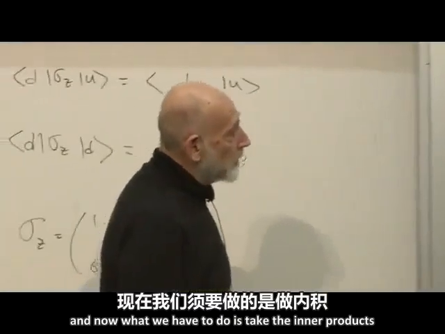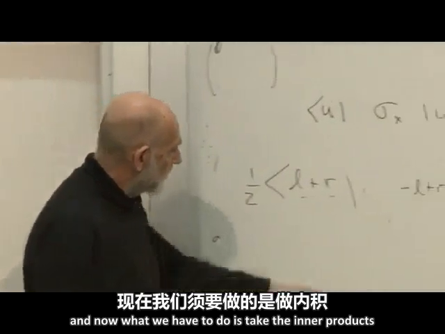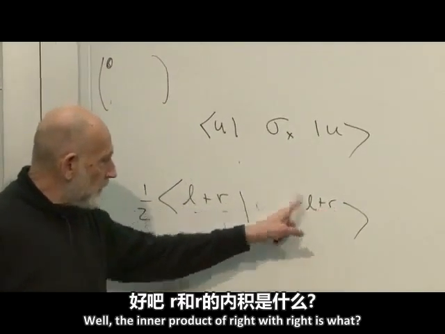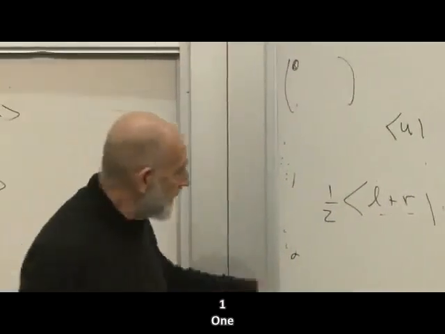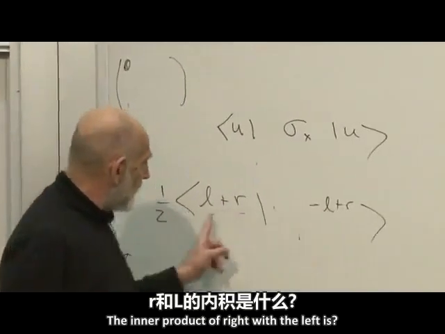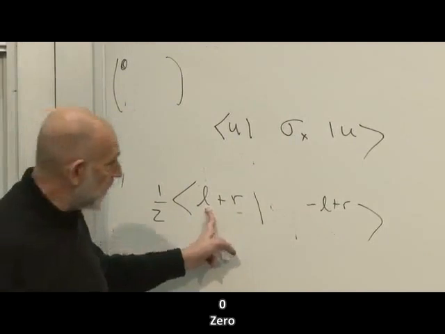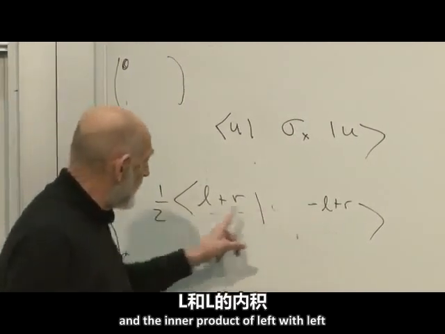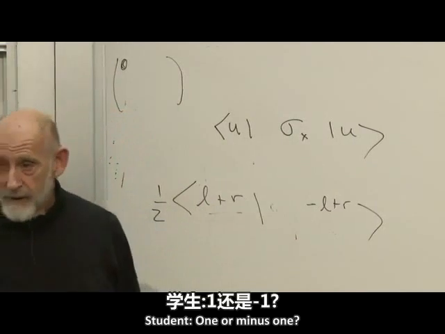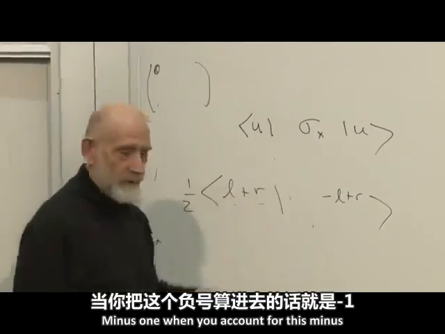And now all we have to do is take the inner products. Well, the inner product of right with right is what? 1. The inner product of right with left is 0. The inner product of left with right is 0. And the inner product of left with left is -1 when you account for this minus.